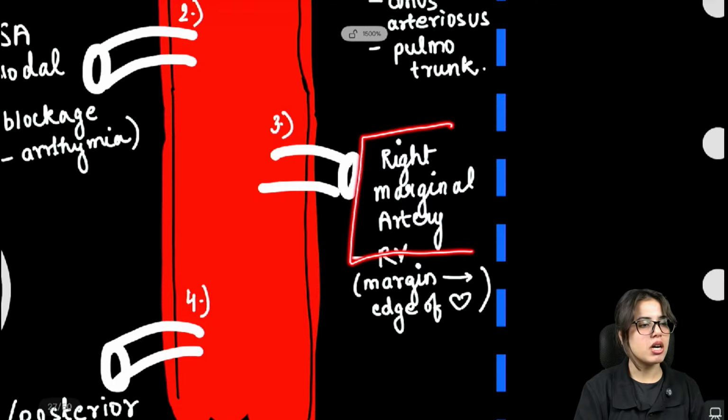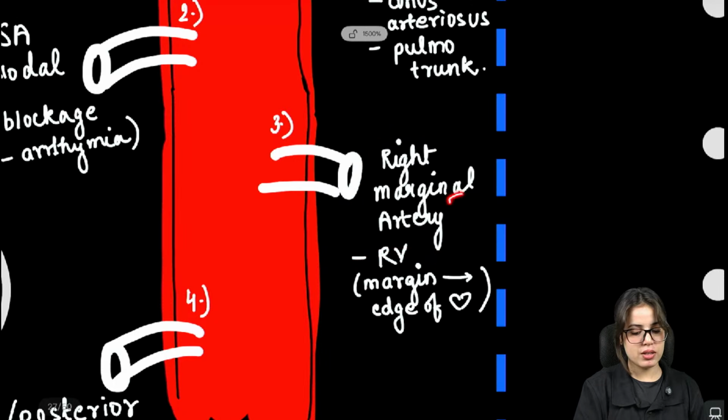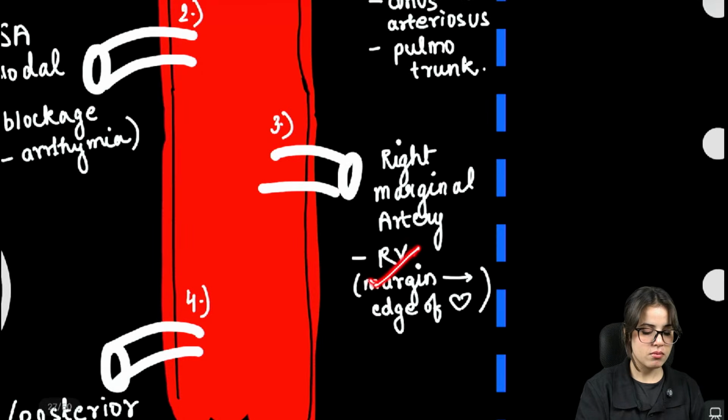Then there is the right marginal artery that provides to the right ventricle, the margins of the heart, the edge of the heart. We've seen the right border of the heart is covered by the right ventricle. That's why the right ventricle margin is provided by the right marginal artery. So edge of heart, marginal artery.